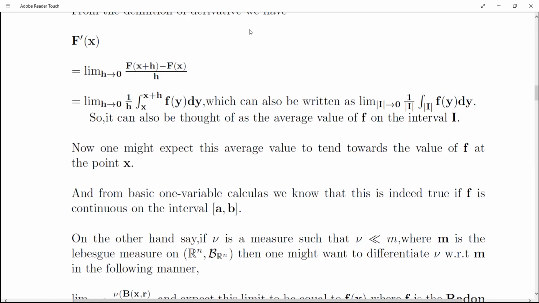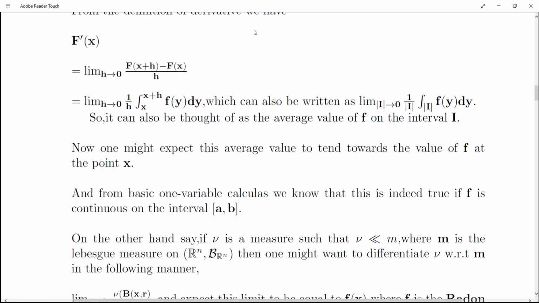So ultimately this limit will turn out to be f(x). So for a continuous function, the derivative of my integral function will be equal to the value of the main function.